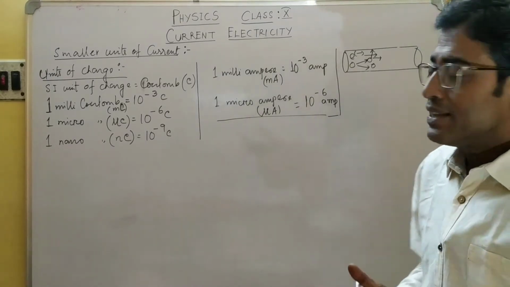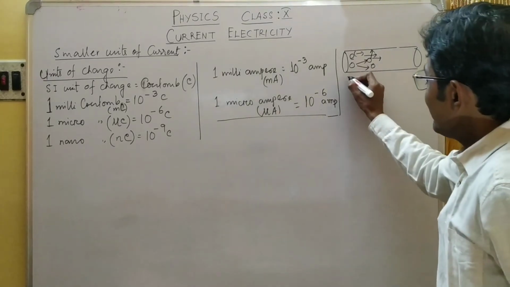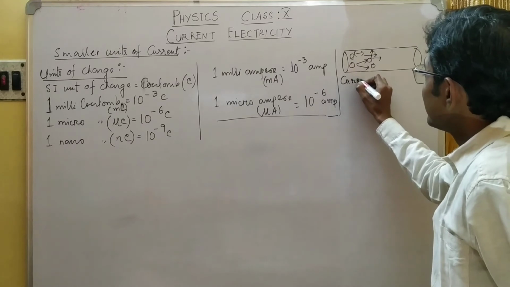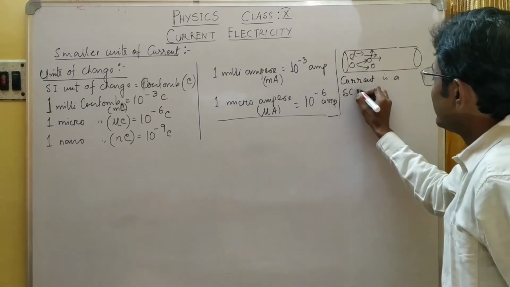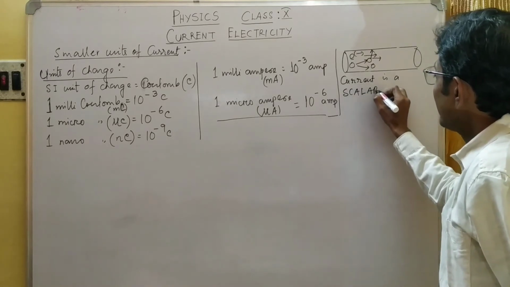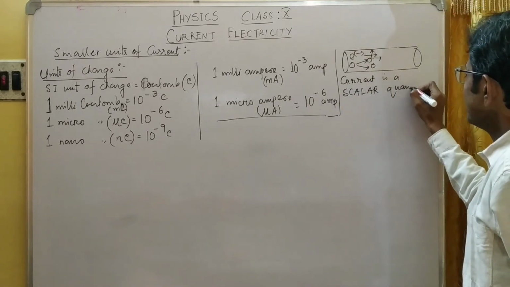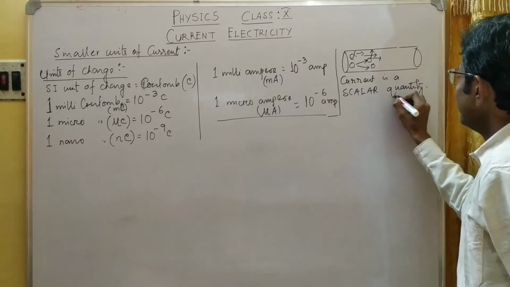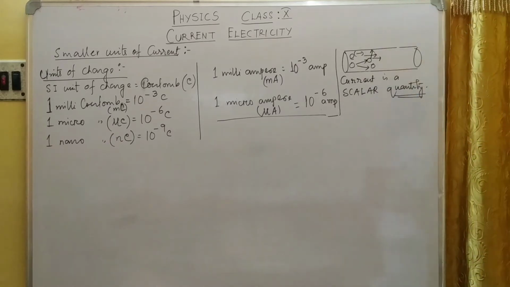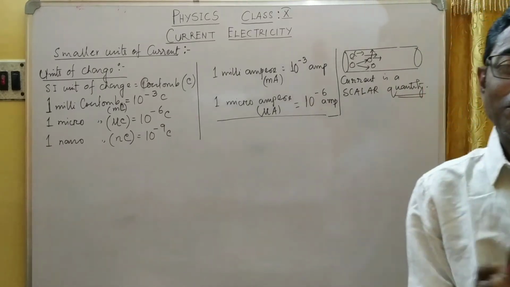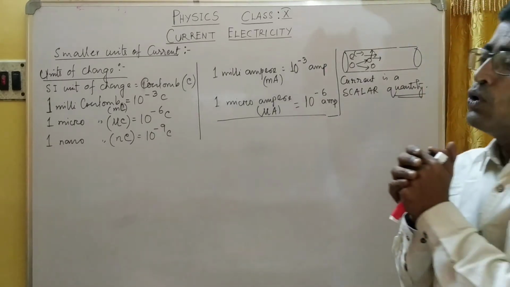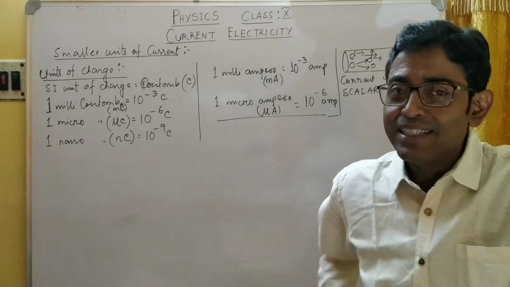So remember, current is a scalar quantity, because when electrons flow through a conductor, they collide with each other and can go in any direction, so direction is not there.